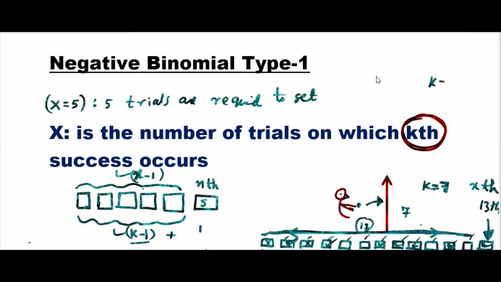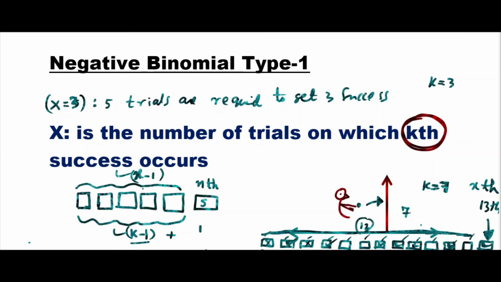Suppose you fix k as 3. 3 successes, you can write this way. 5 trials are required to get 3 successes. I can start from 3, not from 2 or 1. Minimum 3. And what is the probability that X is equal to 3? We'll use the formula for that. That's what I am finding in the table.